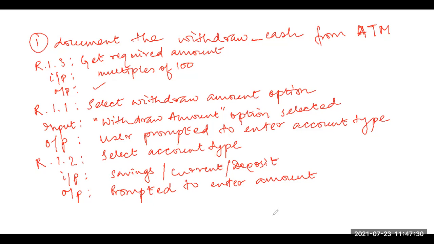Now, let us solve another example. Suppose search book, search book availability in library. Okay. So again, an initial informal description of this functionality is given by the customer, which is known as SOP.